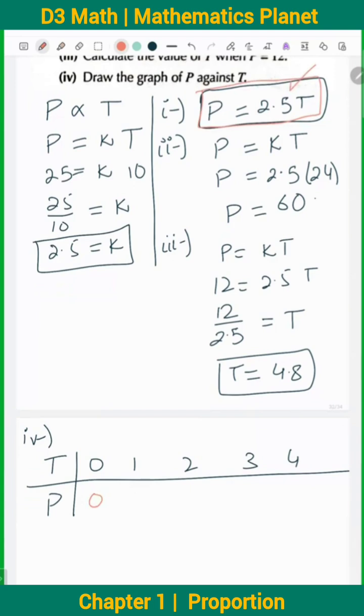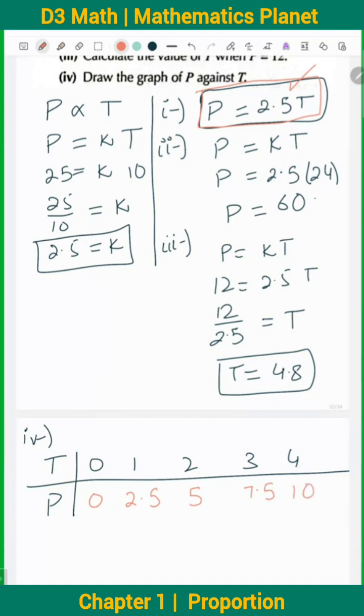When T is 1, P is going to be 2.5. When T is 2, what will be P? 5. When T is 3, 7.5. When T is 4, 10.